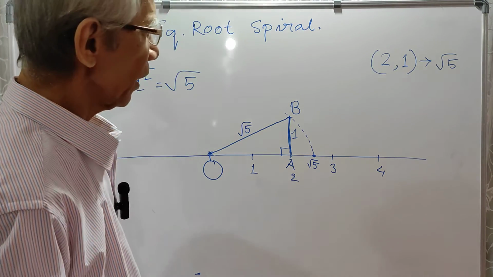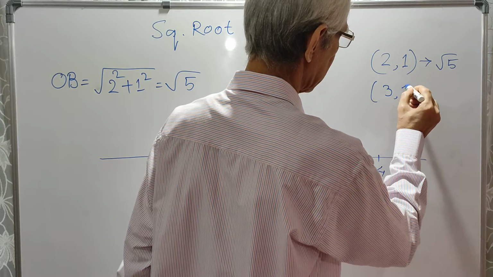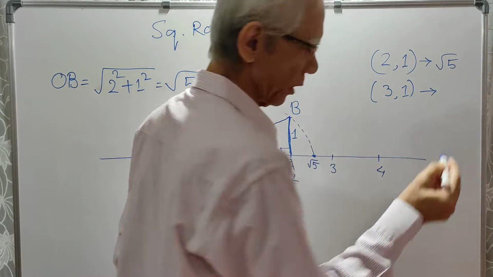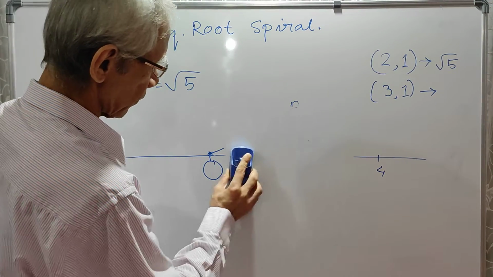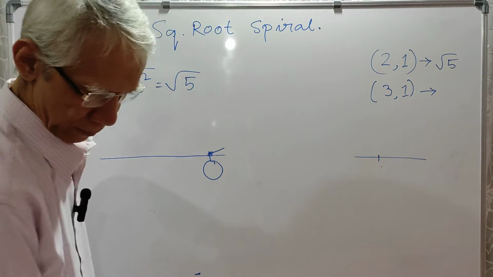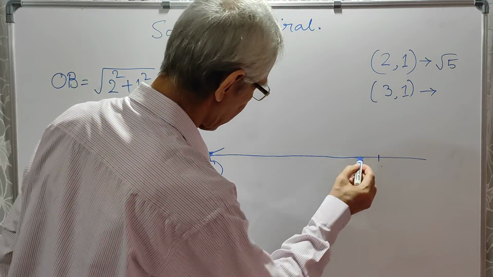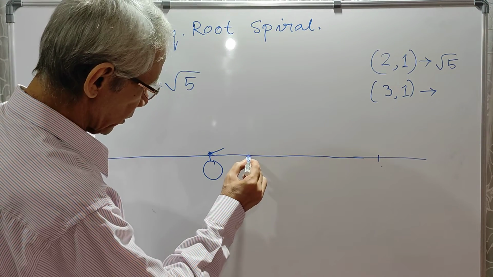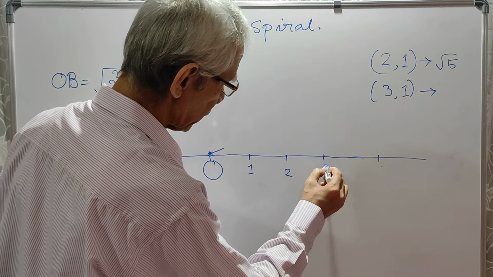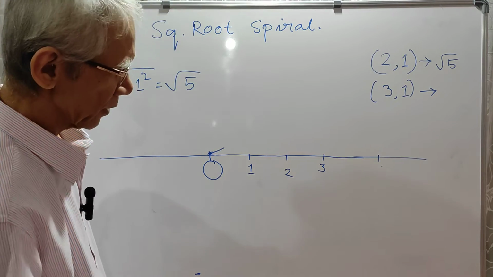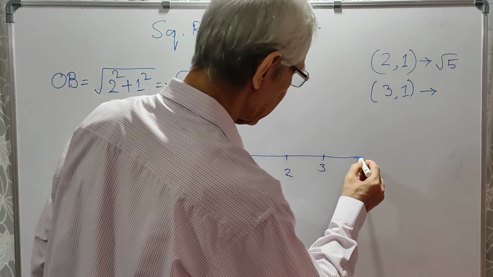Now suppose we take 3, 1. Let us see, if we take 3, 1, what will you get? So this is 0, this is 1, this is 2, this is 3, and then somewhere there is 4.